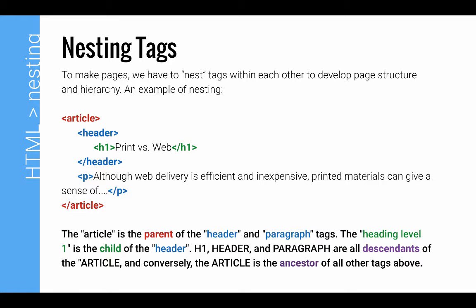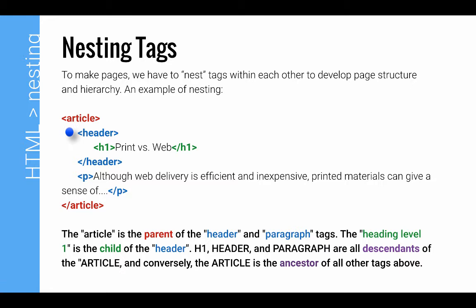So in this, we've got a header, which is in this case in blue, and it's nested inside of the article. Nested inside of the header, we have a thing called the H1, which is in green. Okay, and then the header ends itself before it gets to the next thing, which is a paragraph. And so inside of the article, we have what are referred to as two children or two descendants of the article.